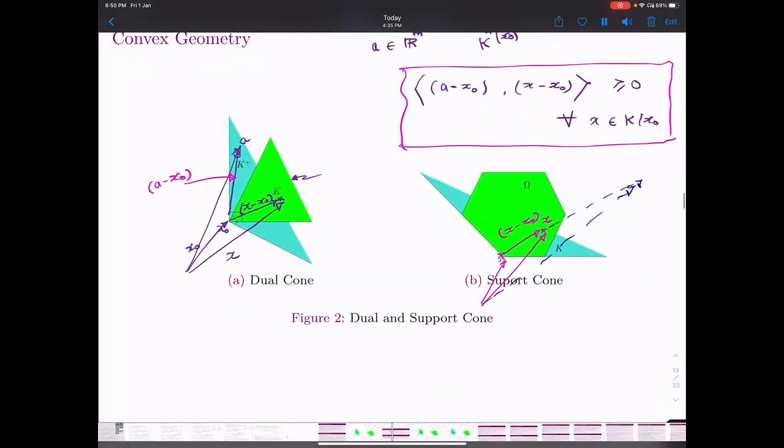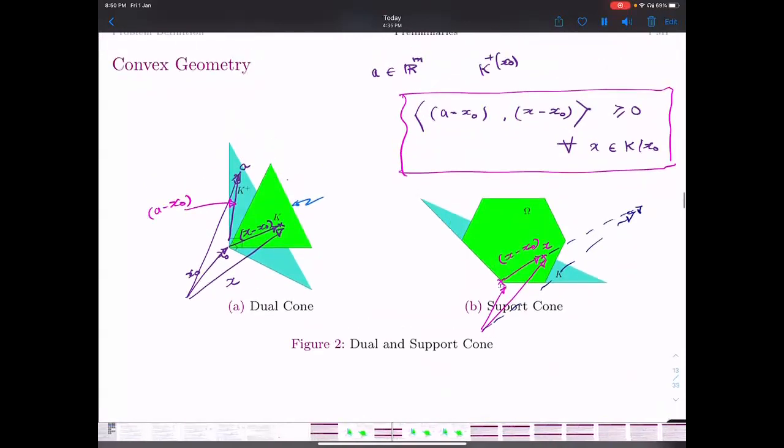What is shown in green is your convex cone, and the elements in this K plus belong to the dual cone. Why is that? If this is some global origin, and you have x and x naught, where x naught is the vertex of the cone, then these vectors here are a minus x naught, and this is x minus x naught.